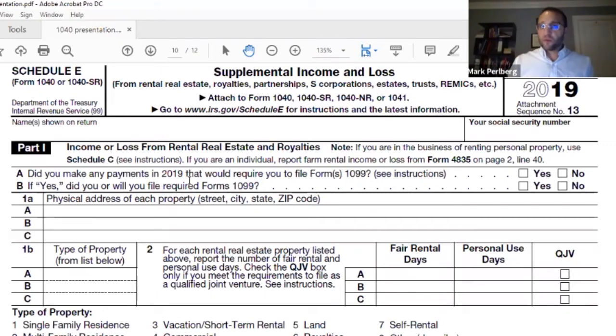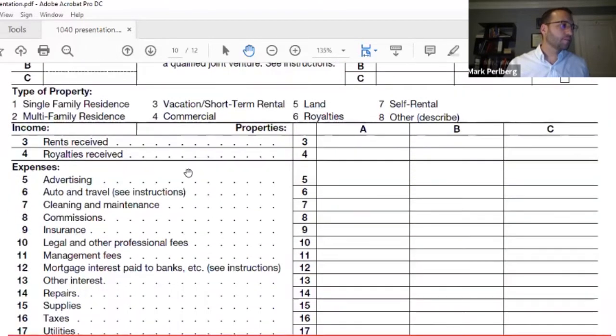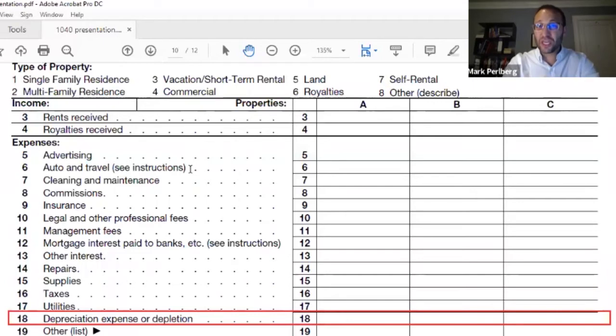Here are some things we want to consider with the Schedule E and when we're evaluating whether or not you're overpaying in taxes. First off, we want to look at, again, the major thing is depreciation here. Folks, has your CPA recorded the amount of depreciation?